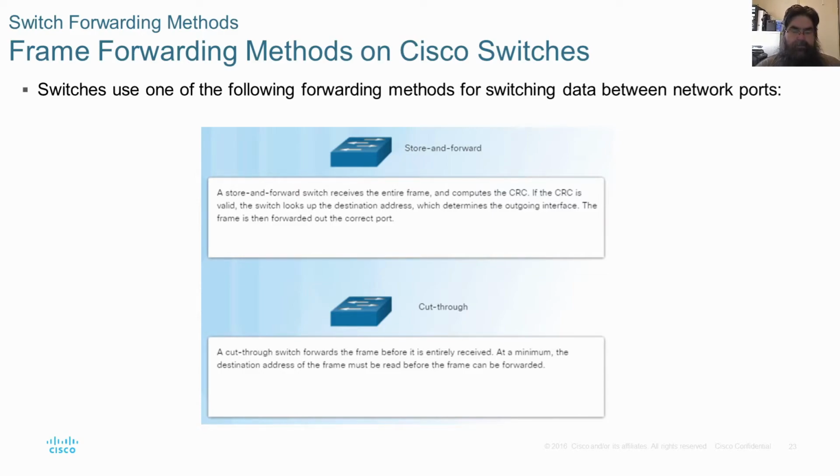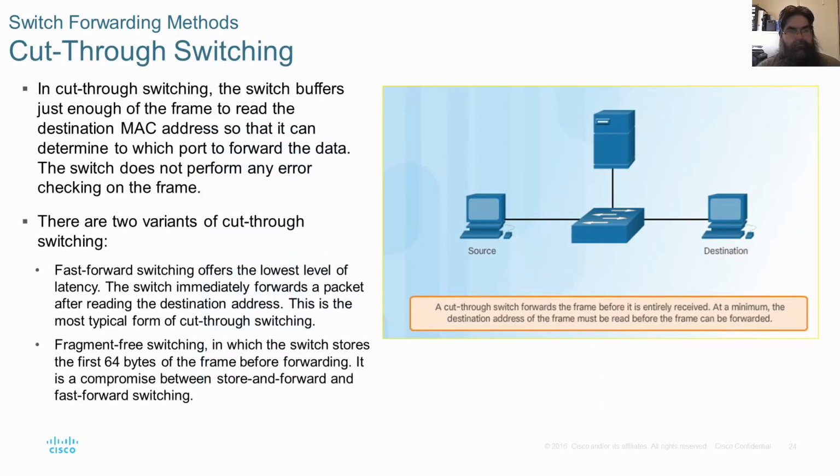But when we talk about cut-through, we need to determine which method or variant of cut-through it uses. With fast forwarding, as soon as the switch has enough bytes to determine the address that it needs to forward to, it'll start forwarding the frame straight away.